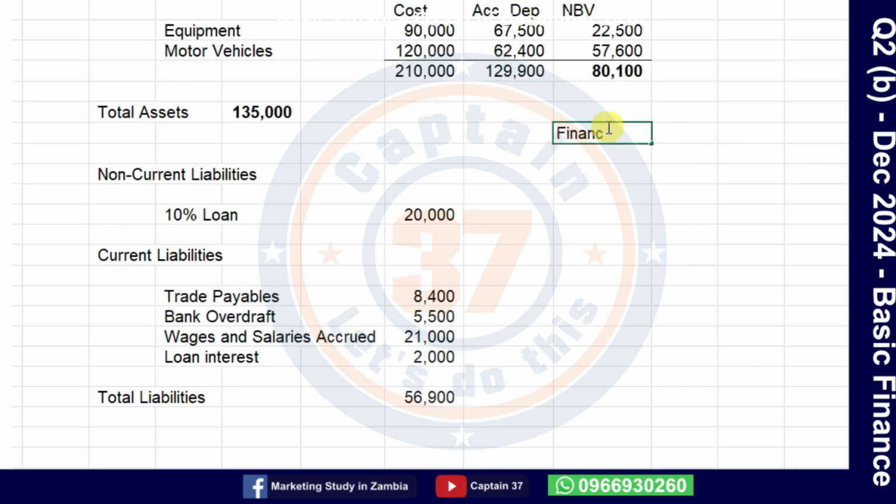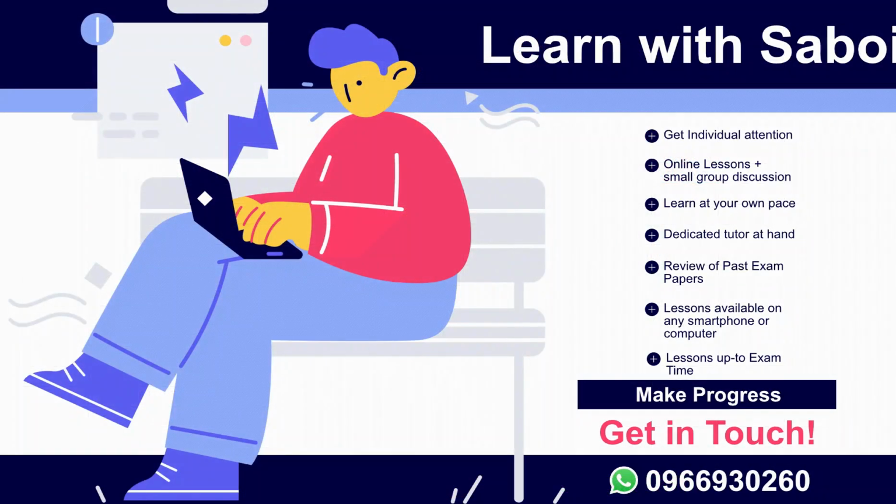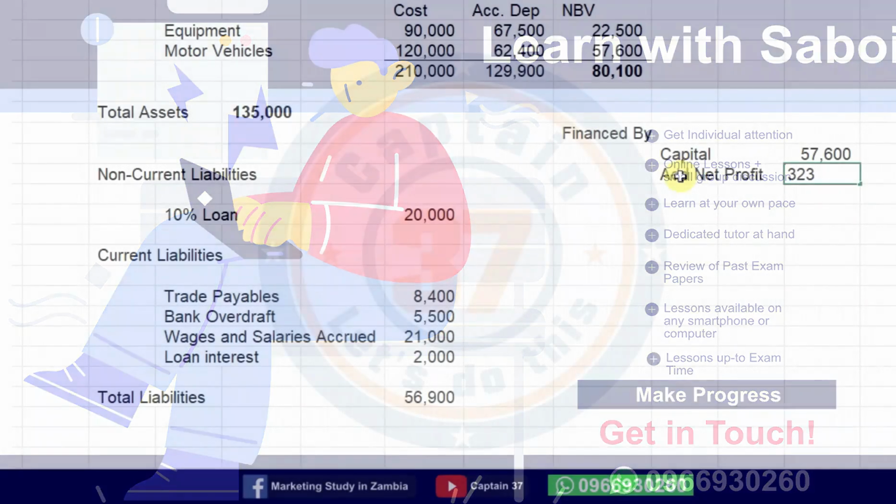Financed by. There's the capital. We need to take note of the capital here. For capital, the value was 57,600. We add net profit, and the net profit is found in the statement of profit or loss. The value for the net profit, remember, was 32,300.